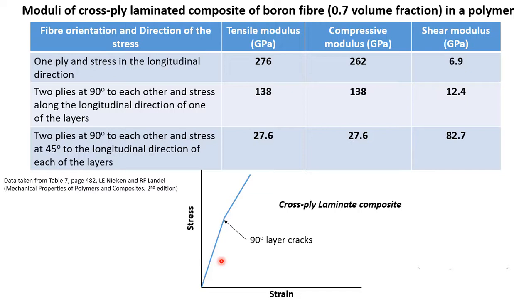These composites are very prone to taking in moisture, because the moisture will penetrate through the interface between the fiber and the matrix, and this moisture can reduce the strength and modulus of the material quite considerably. So these are the ways in which the materials can be weakened in service.